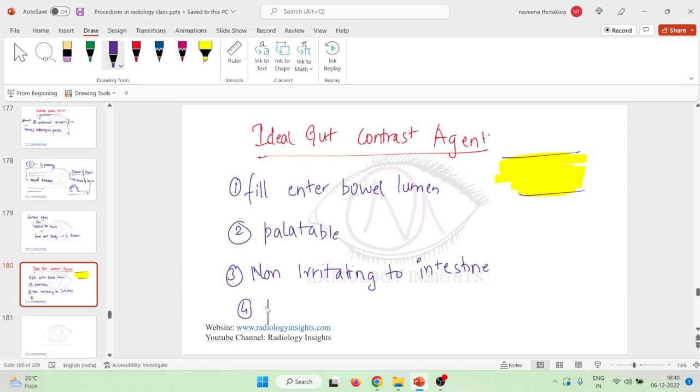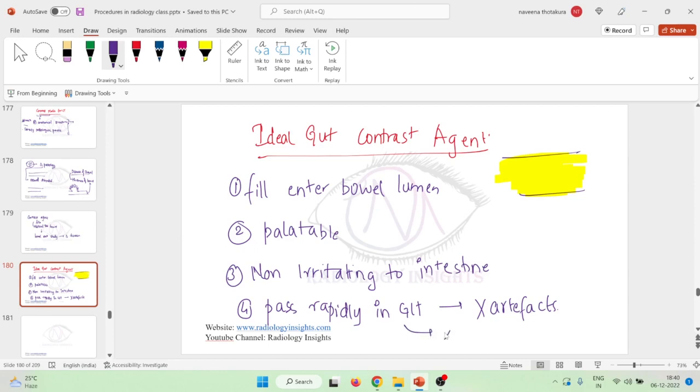Then it should pass rapidly through the GIT in such a way that it will not produce any artifacts. If it produces artifacts, the main use of a contrast agent to determine diseases is lost, and these artifacts might be confused with certain diseases.